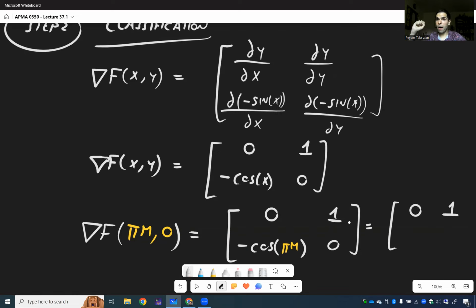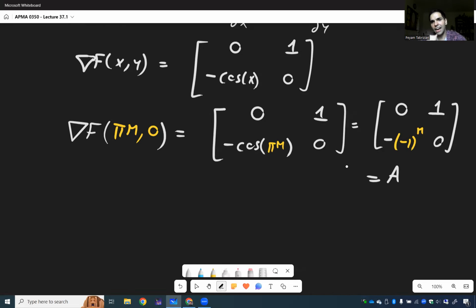Cosine of 0 is 1. Cosine of π is minus 1. Cosine of 2π is 1. Cosine of 3π is minus 1. So notice we alternate between 1 and minus 1. So in fact, cosine of mπ is minus 1 to the m. Okay, and so this is our matrix A.